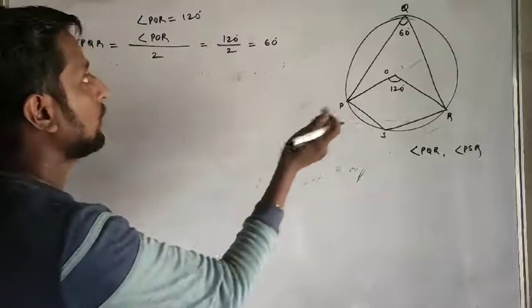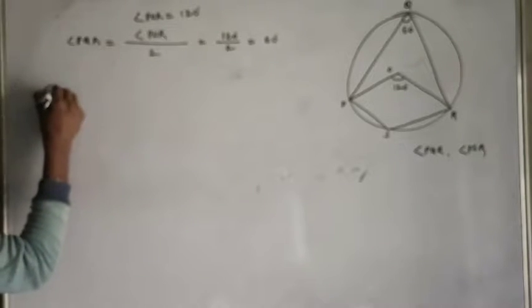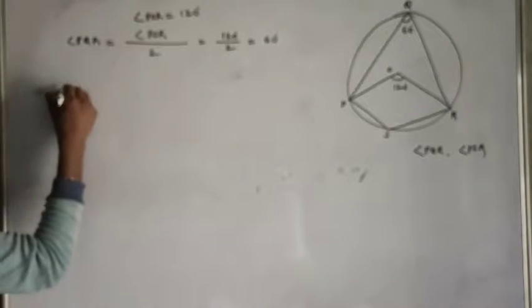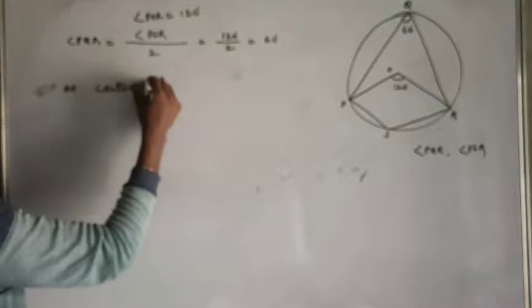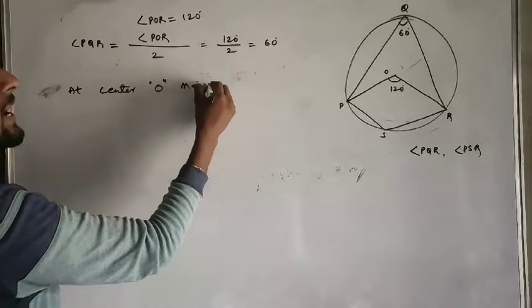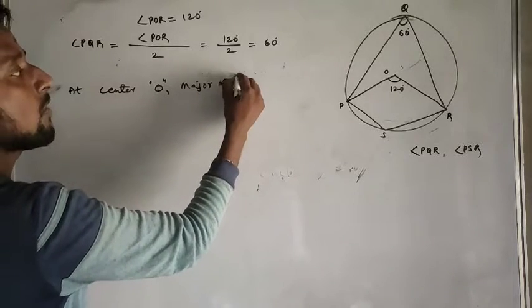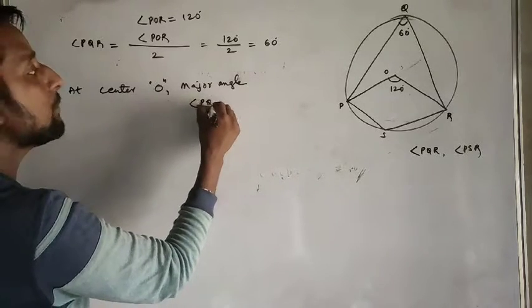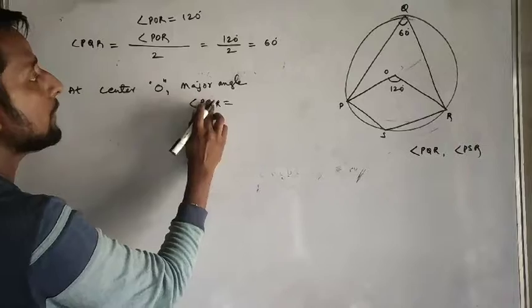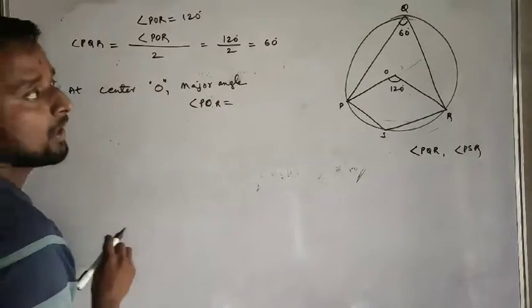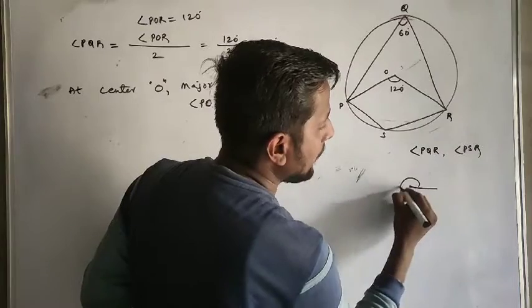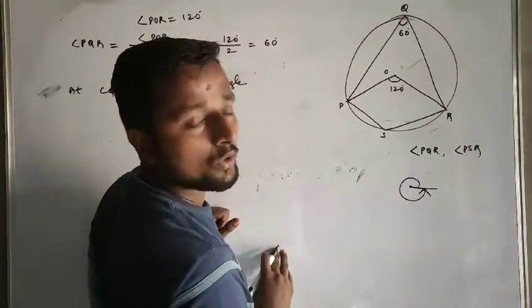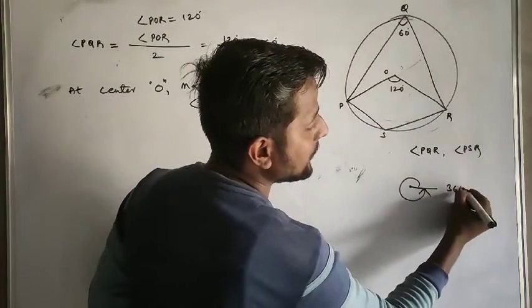Or else, look at center O, the major angle POR. Major angle means a complete rotation around the point represents 360 degrees.